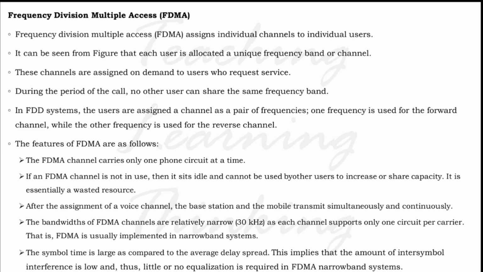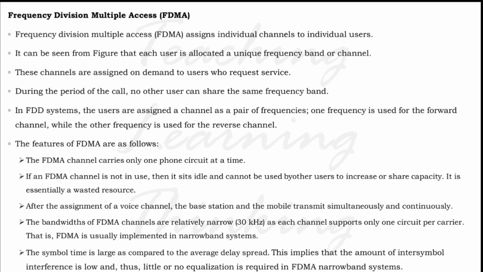After the assignment of a voice channel, the base station and the mobile station transmit simultaneously and continuously. The bandwidth of FDMA channels is relatively narrow, 30 kHz, as each channel supports only one circuit per carrier.